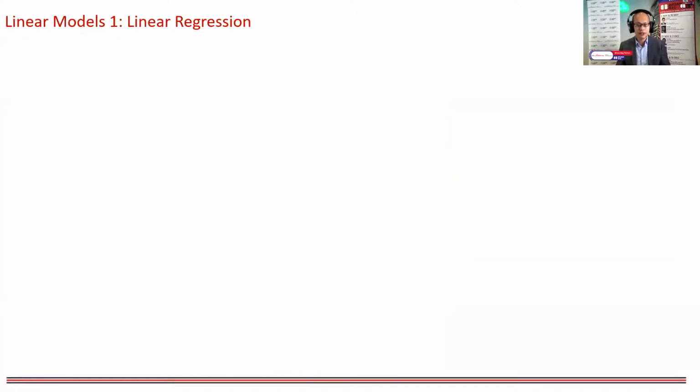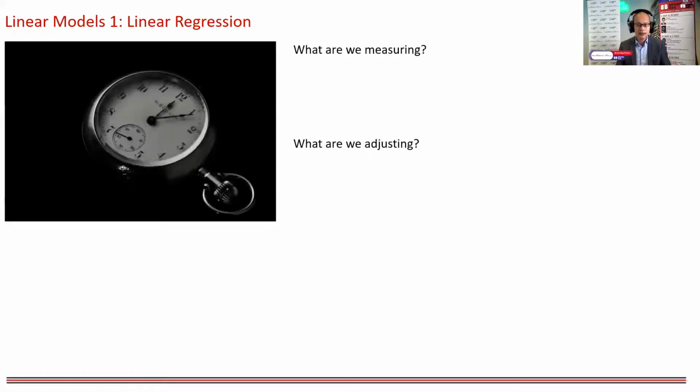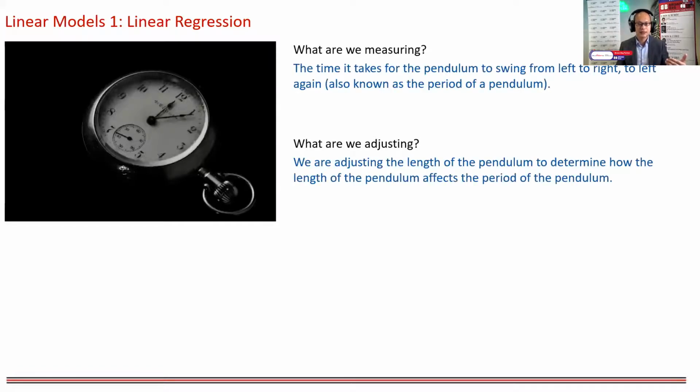So what are we measuring? We are measuring the time it takes for the pendulum to swing from the left to the right and to the left again, and we are adjusting the length of the pendulum. This time for the pendulum to swing from the left to the right to the left again is known as the dependent variable. And it is very intuitive why it is called dependent variable.